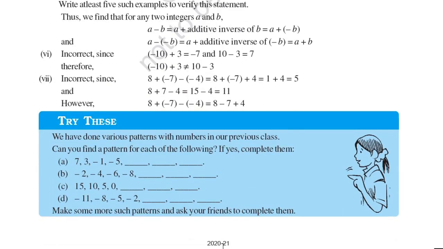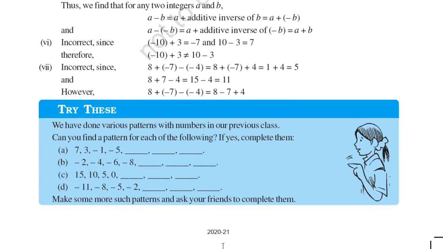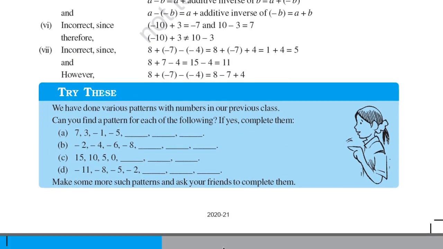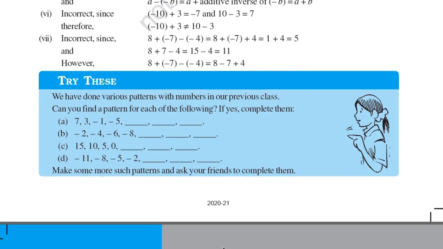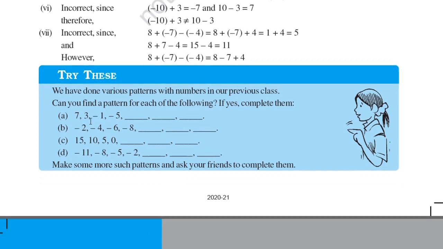We have done various patterns with numbers in our previous class. You can also find a pattern in each of the following and complete it. You can see here 7, 3, minus 1, and minus 5. So 4 is being subtracted every time. 7 minus 4 is equal to 3. 3 minus 4 is equal to minus 1. Minus 1 minus 4 is equal to minus 5.